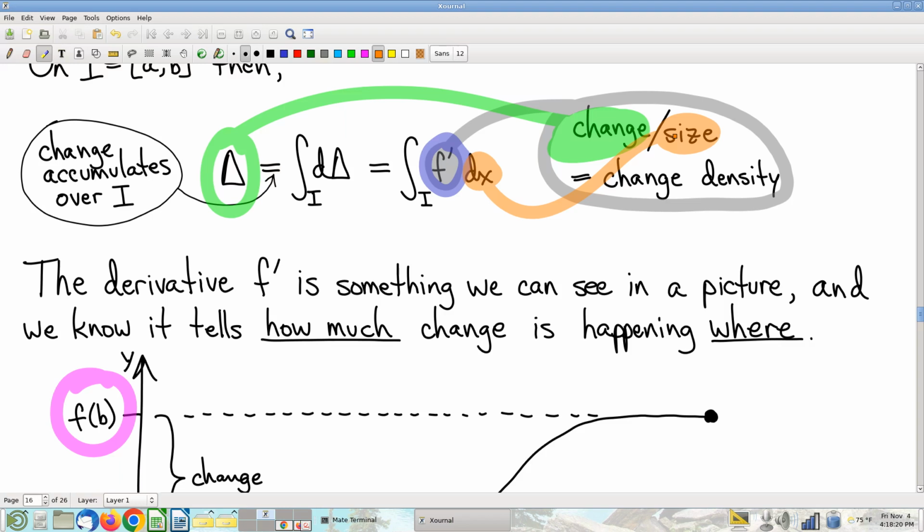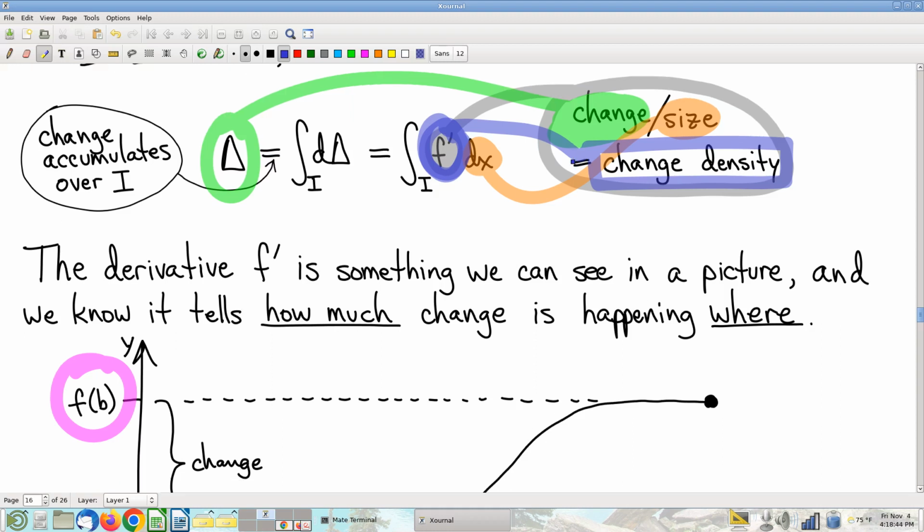It's accumulating quantity per unit size, and quantity per unit size is how we think of density. So again, this is a density. When f prime is large, it's telling you there's a lot of change happening there, per unit size, of course. And when it's small, there's not much change happening there.